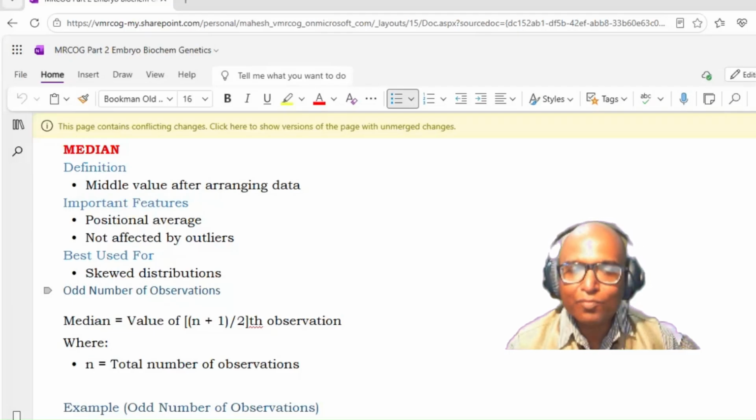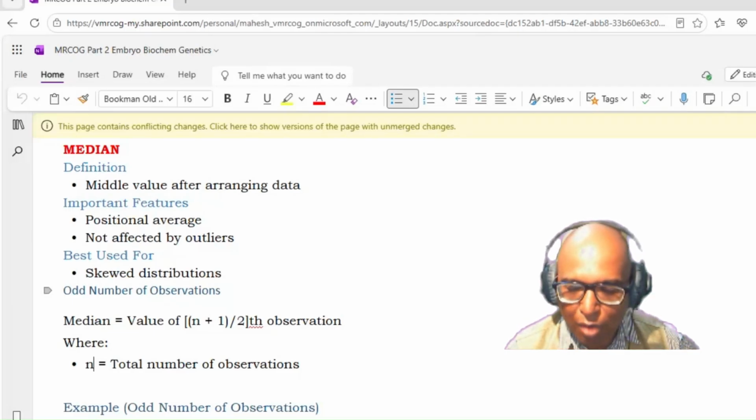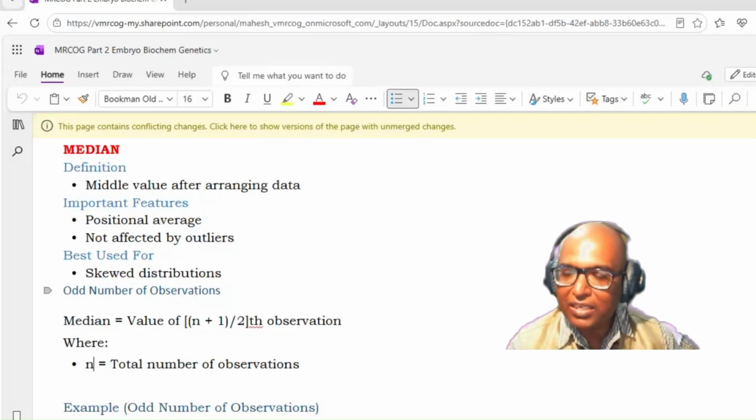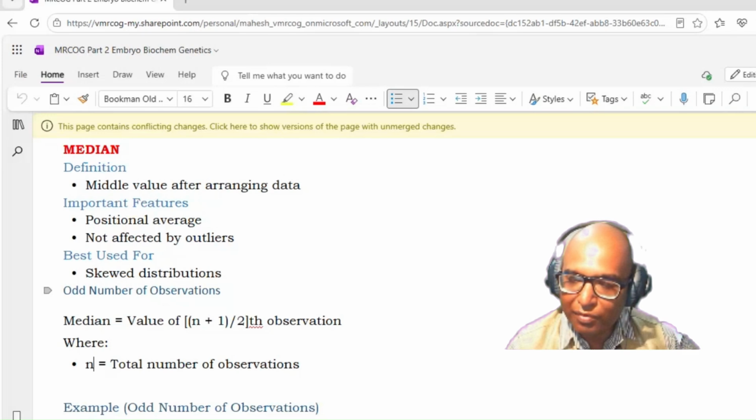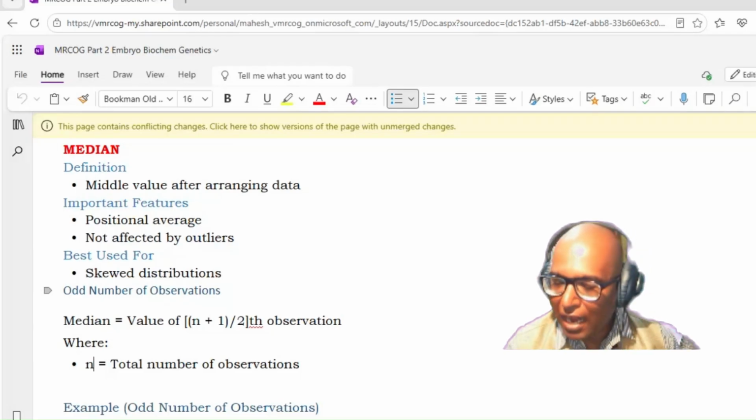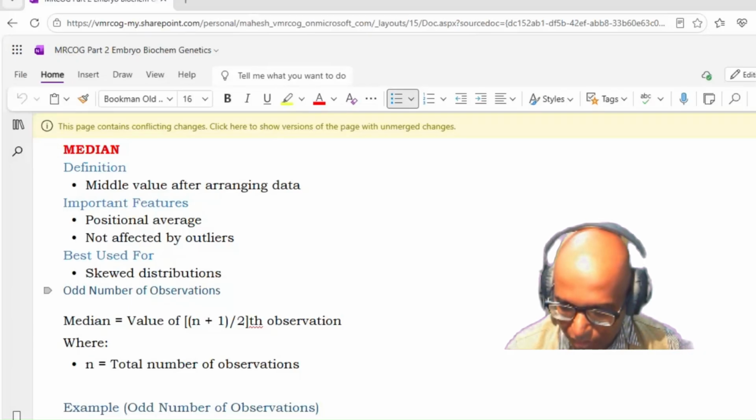Suppose you have 100 observations, then what will be the middle value? There will not be a single middle value, there will be two middle values. But if it is 101 observations, then you will get a single value, because you will have 50 observations on this side and 50 on the other side, and the middle value will be the 51st.